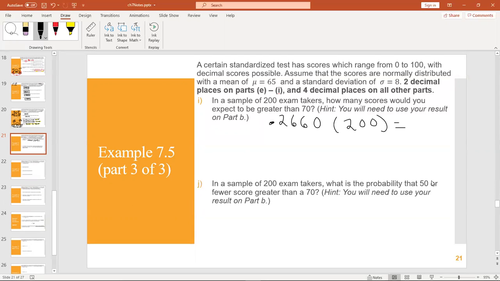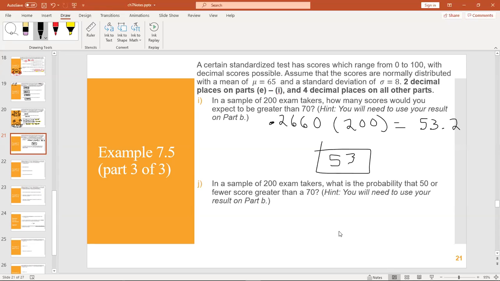If you do that, you get 53.2. All right, so roughly 53 students, because you're not going to have 0.2 of a student. What's the probability that 50 or fewer score bigger than that?